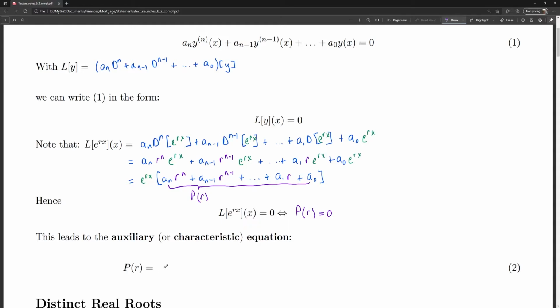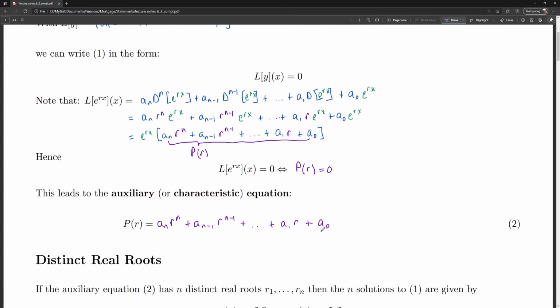So the auxiliary equation in this case is a sub n r to the power n plus a sub n minus 1 times r to the power n minus 1 plus dot dot dot plus a1 r plus a naught.